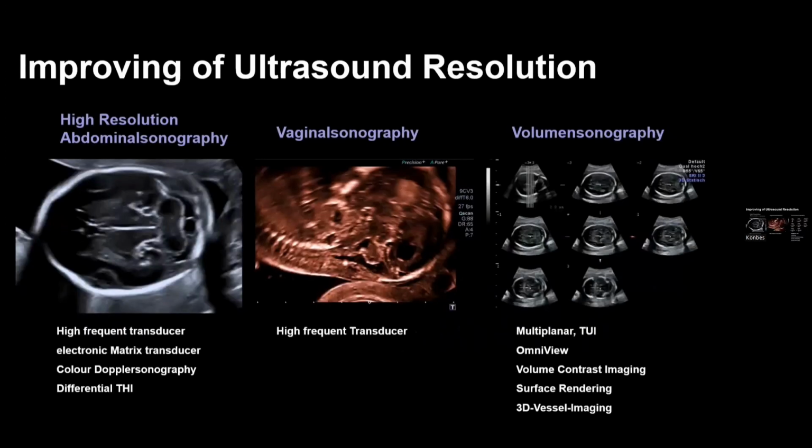Is it better now? Okay. The resolution has increased in the last years with high frequency transducers, also with electronic matrix ultrasound and color Doppler sonography. We also have high frequency transducers with transvaginal ultrasound, and we introduced volume sonography with 3D, and we can make very thin planes to detect all the structures in the fetal brain, perhaps, or also in the abdomen and so on.